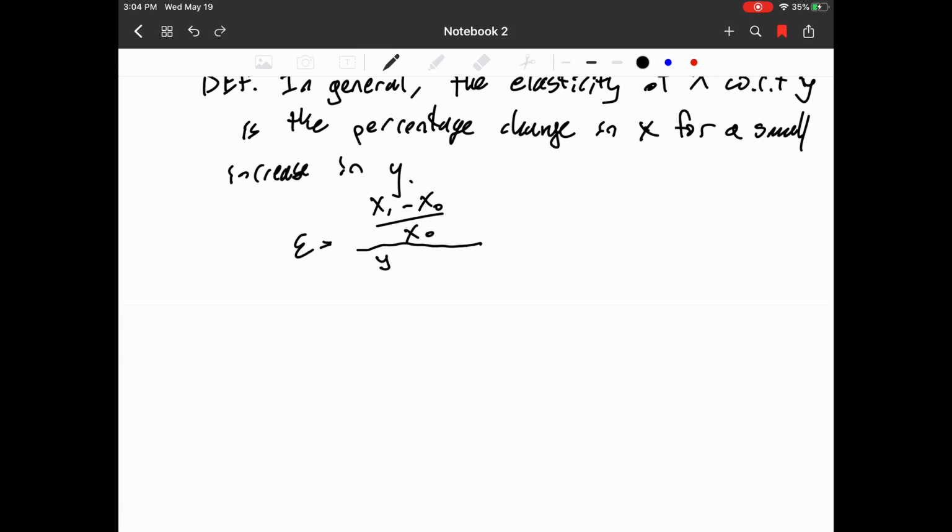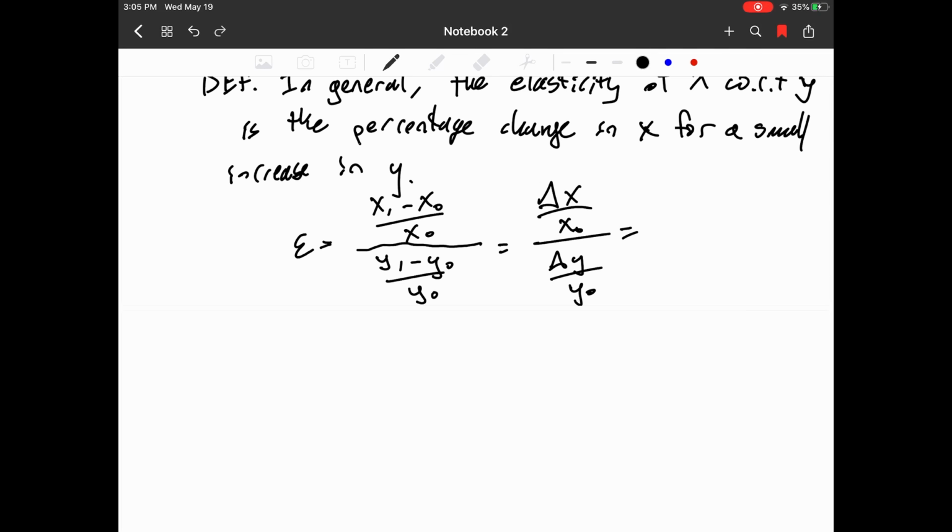So we have the change over some starting point. We can just rewrite this as delta x over x0 and delta y over y0.